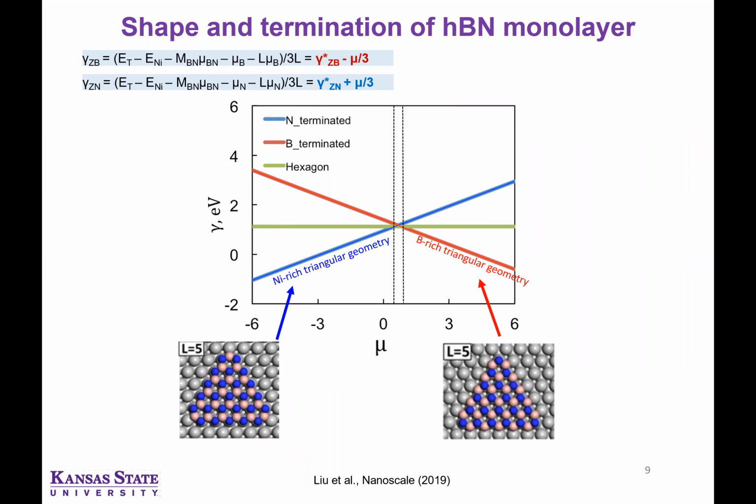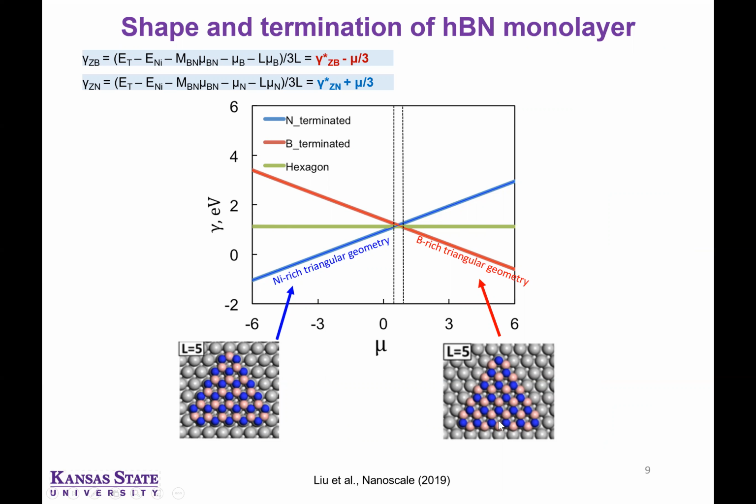We have also performed DFT calculations in order to guide us to predict the shape and the termination of the hBN monolayer domain. This plot shows the edge energy versus the chemical potential of the element nitrogen. At the lower chemical potential, the hBN domain prefers a triangular shape with a zigzag nitrogen terminated edge.